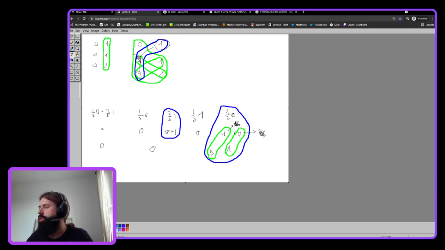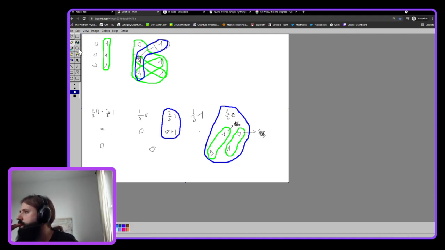I know it's not a mixture, so I know it's not 1, 0, nor 0, 1. So it's going to be either 0, 0 or 1, 1. So that is maybe the only thing I'd be missing to clarify here.